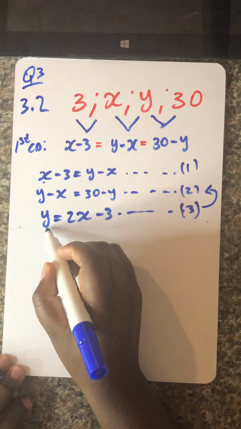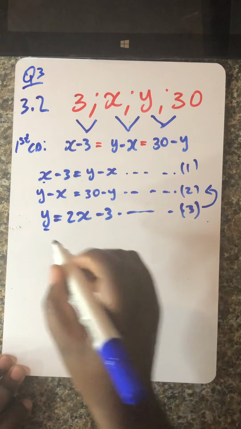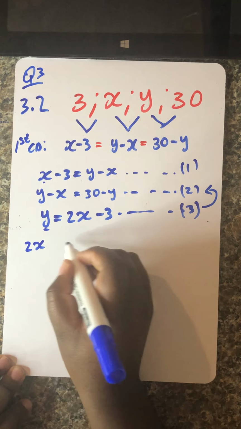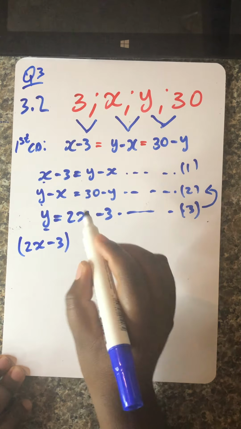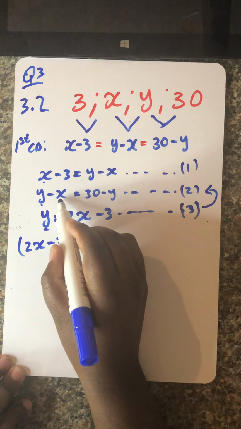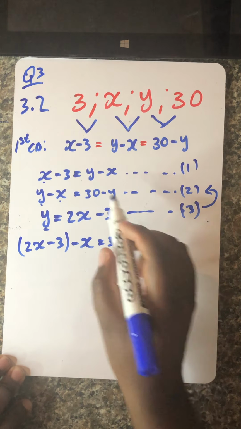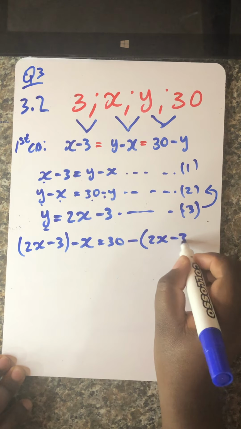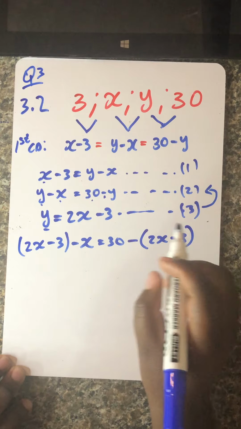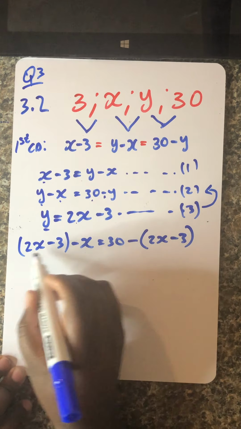In place of y, or wherever we see y, we just substitute this. So we've got 2x minus 3, substituted there, then minus x, equals 30 minus, and in place of y we substitute that value. Now let's remove the brackets.